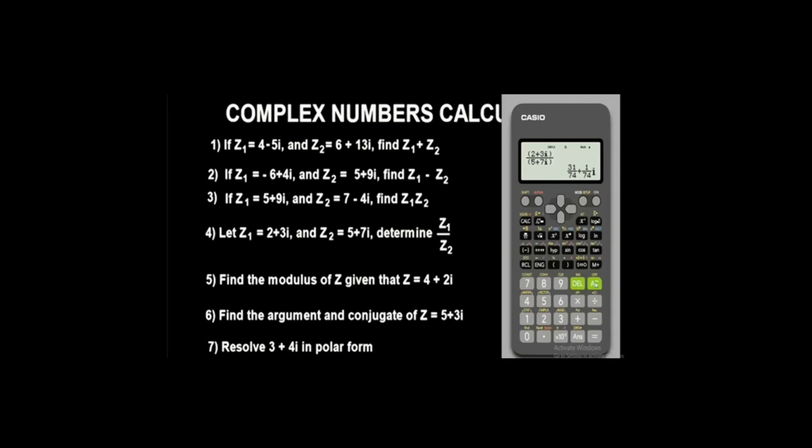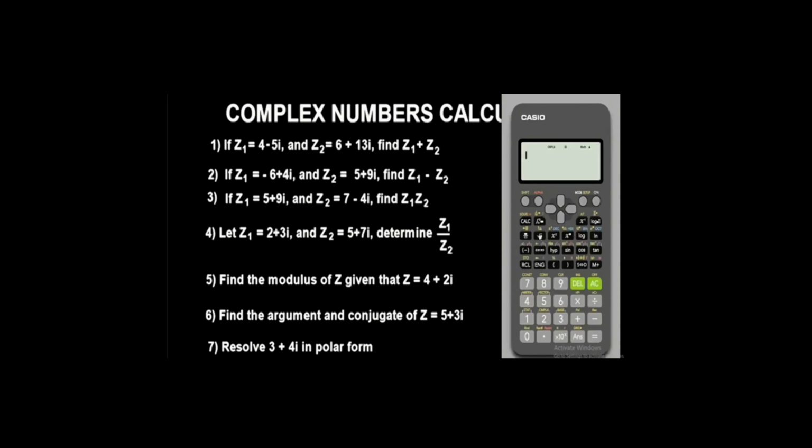We're making progress. Let's solve question 5. We are asked to find the modulus of z given that z equals 4 plus 2i. Now guys, to solve this modulus, all you have to do is find the square root of the sum of the squares of the values. Okay, let me explain.